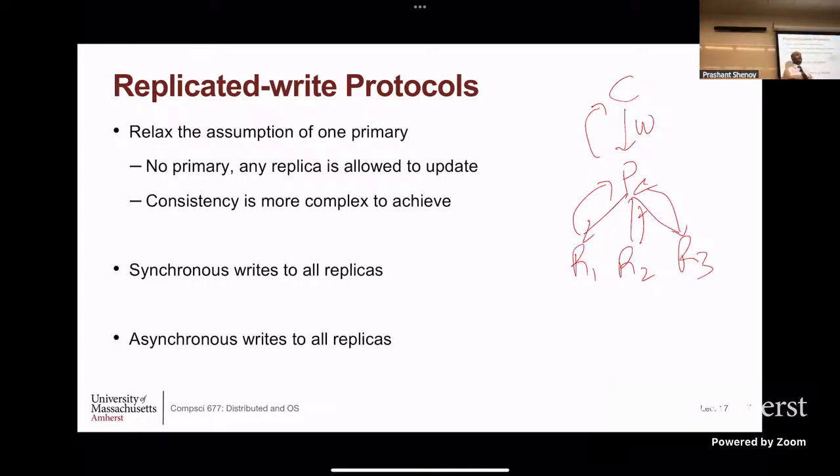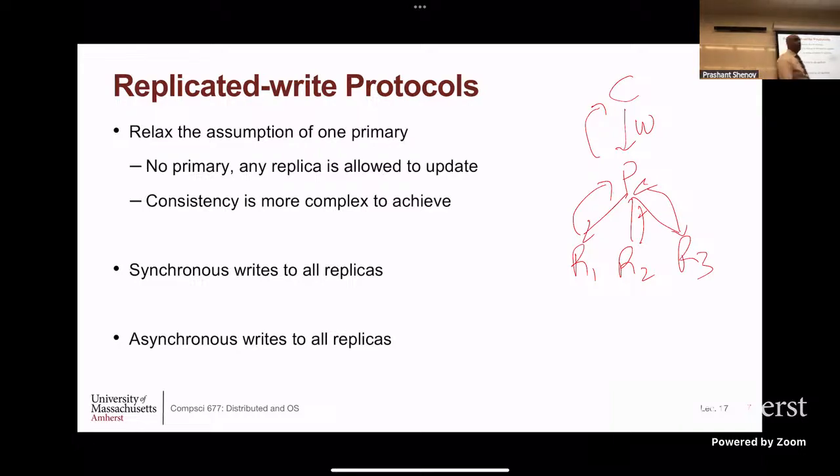Maybe the disk is full, so if you try to write to a full disk, you will get an error, right? And then the application has to deal with it. So you could certainly send back a response saying the write failed, and then the replicas can be told to undo the write or something like that. So you can add some logic to deal with failed writes in the system.